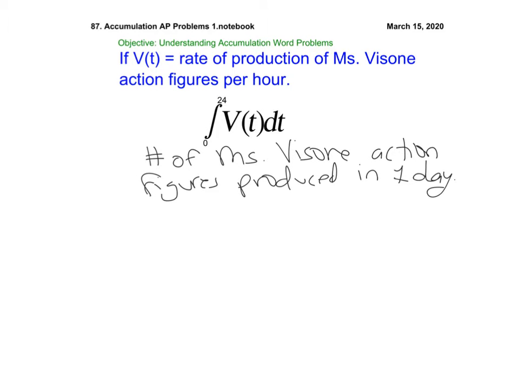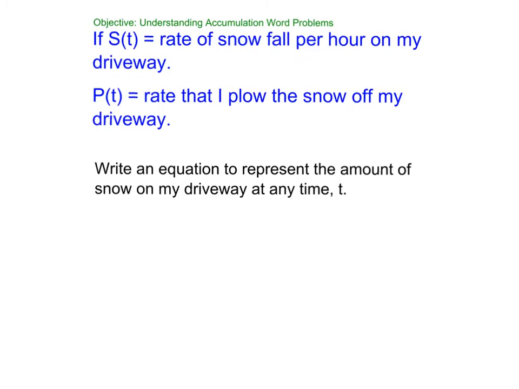And that's it. And then the last thing, really common, you're going to see this a lot, where one of the rates is the amount you're taking off. So the rate that I plow snow off my driveway versus the amount of snow falling.